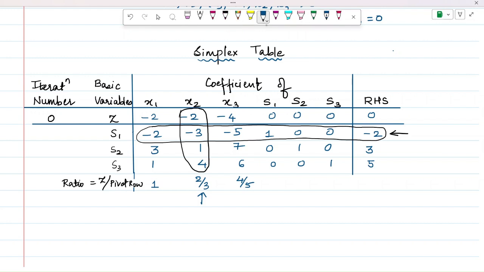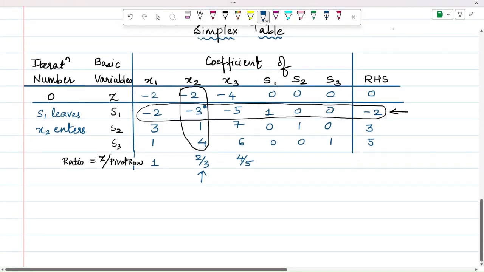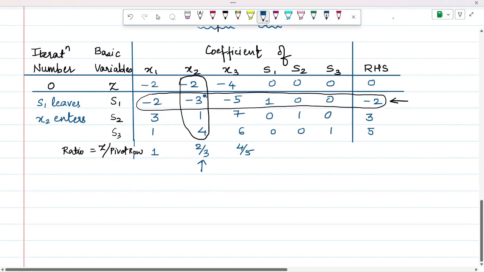So now let's understand the S1 row, which was your pivot row. So S1 leaves or exits and X2 enters. Okay. And this is your key element, -3. You can mark a star for the key element, or it is just visible as an intersection.